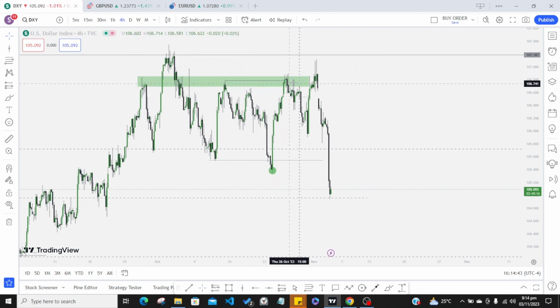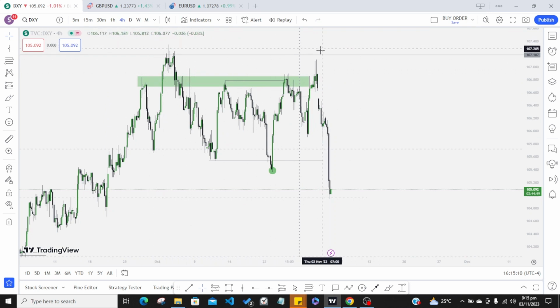As you can see, price went down initially on Monday, Tuesday. I said something about this in the weekly outlook video. You guys should check it out and see how it played out. So I was expecting price to go down around this zone here to pick up during the week and take out this high, but unfortunately this high wasn't taken out.